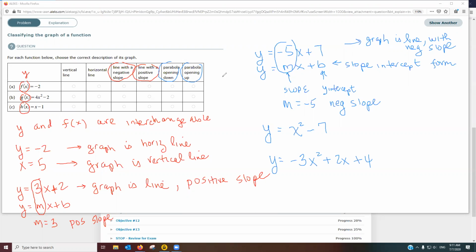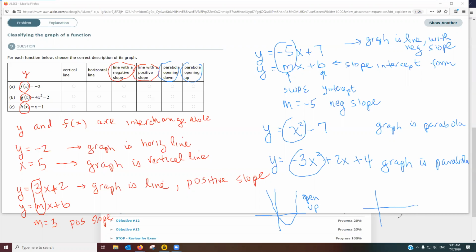So anytime you see an x squared in the equation like this, the graph is going to be a parabola. So these two examples here, the graphs are parabolas. Parabola means a curve, and the curve is going to either open up like this, or the curve might open down like this.